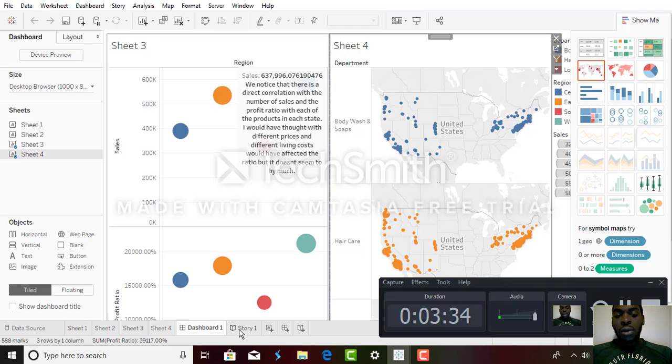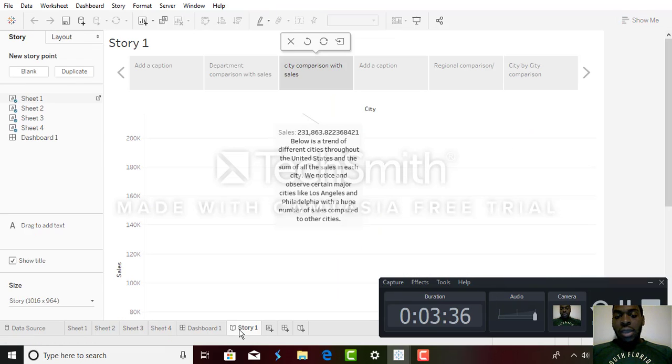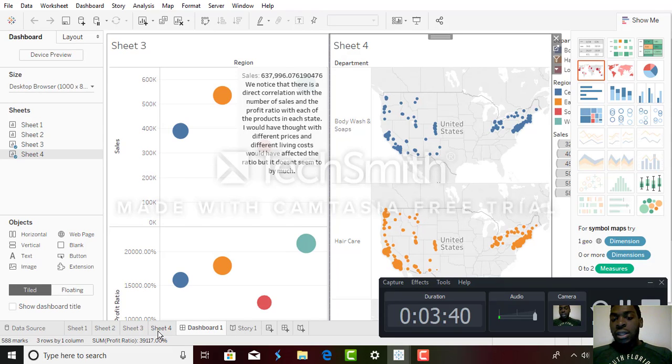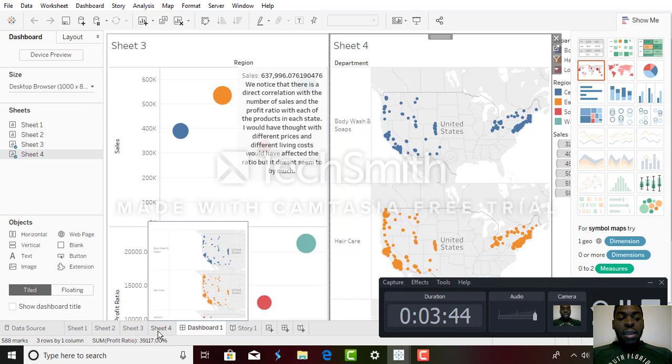So now we discuss my story. I wanted to understand and look at each of the data, and I wanted to look at the sales. One thing I focused primarily on was location. Location, location, location. I did a little bit of research and I noticed that the southern region actually is the most populated region in the United States.